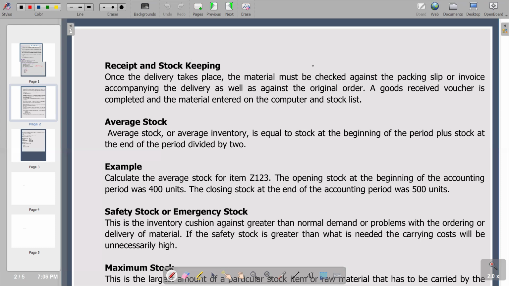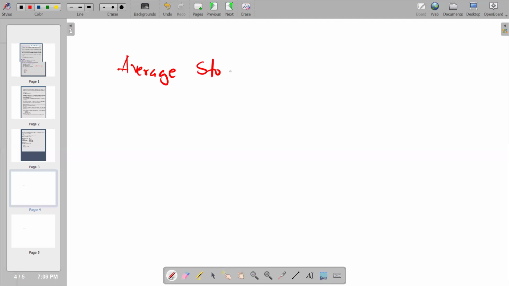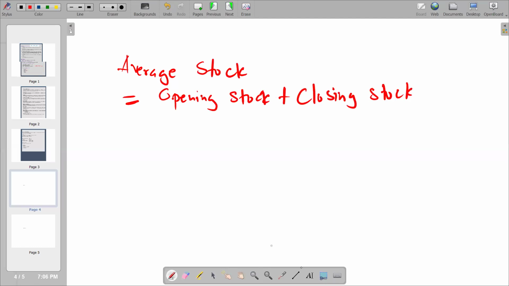After we have received, there is the calculation of average stock, whereby average stock is opening stock plus stock at the end of the period, divided by 2. So our opening stock plus our closing stock, and then we divide by 2, and you get your average stock.